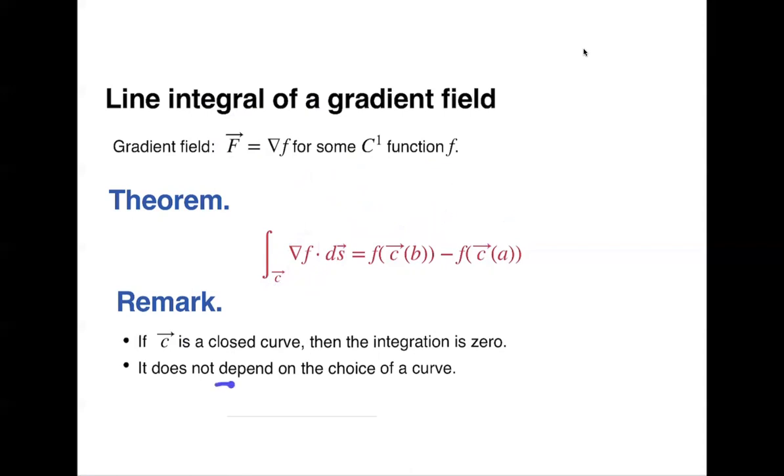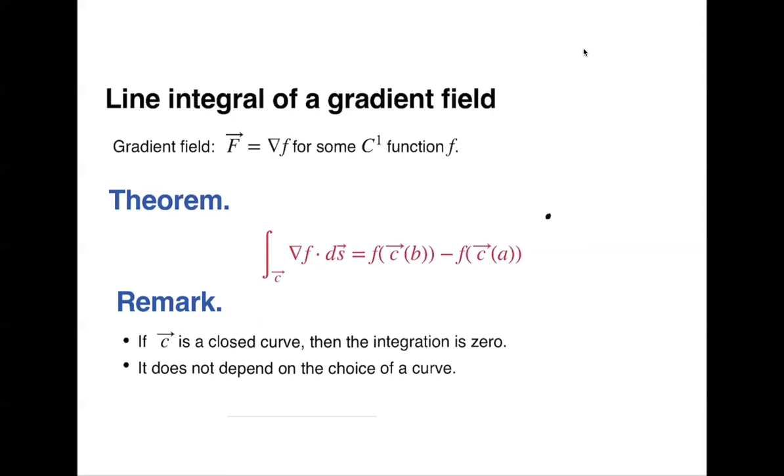So it does not depend on the choice of a curve. So we can choose a curve to simplify the calculation. We do not need to take very complicated curves. We can choose a very simple curve because it only depends on the endpoints.